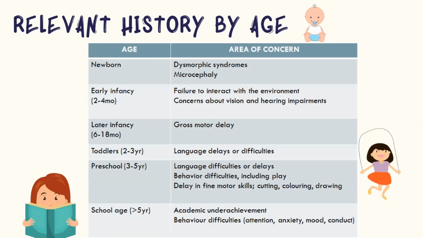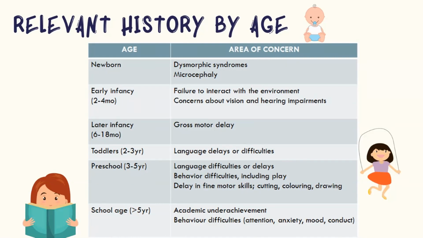In later infancy, there will also be gross motor delay. During this age, 6 to 18 months, at 6 months, the infant should be able to pull to sit and lift the head, and by 18 months, should be able to walk well and run, and also hold the door while walking. So we should look at those.